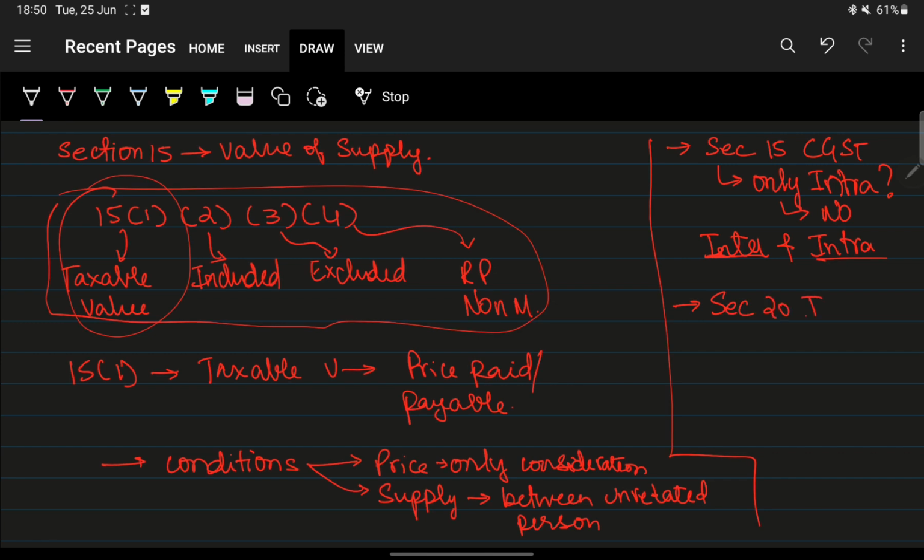Section 20 of the IGST Act refers to section 15 of the CGST Act for valuation of interstate supplies. Next question: does section 15 apply to import of goods?